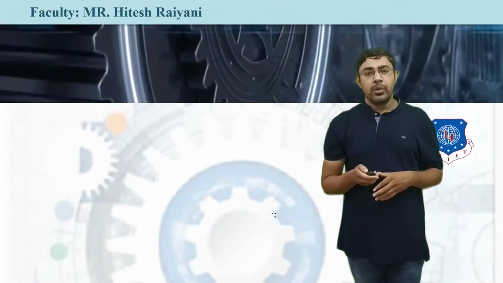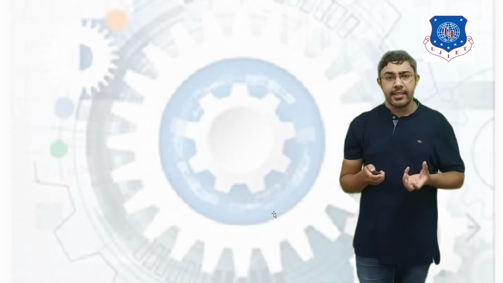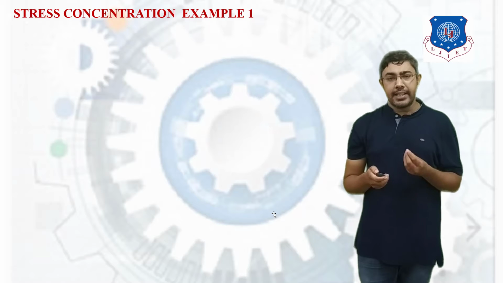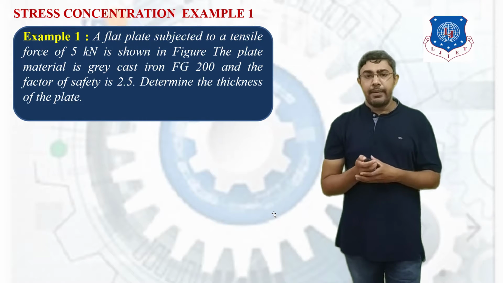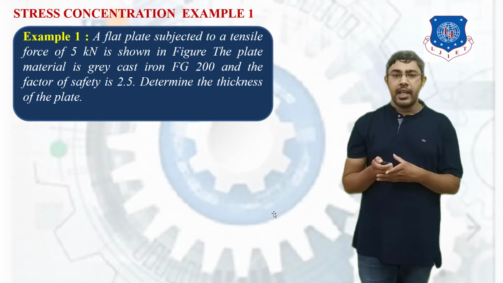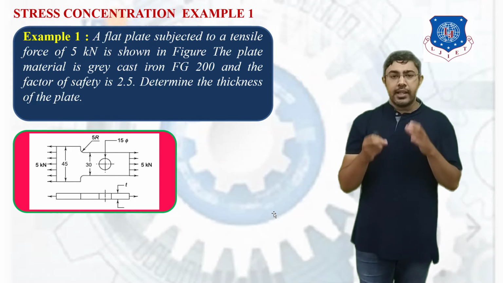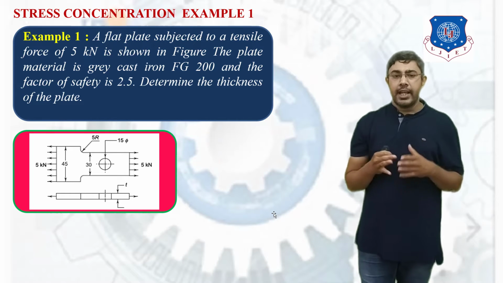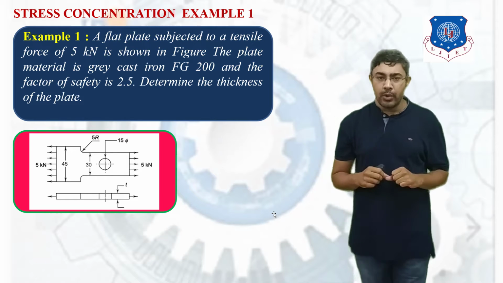To understand the concept of stress concentrations, first consider an example. The first example is a flat plate subjected to a tensile force of 5 kN, as shown in the figure. A stepped plate is given, subjected to a tensile load of 5 kN.